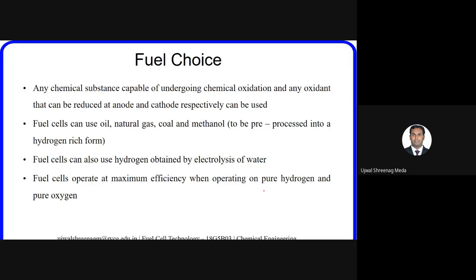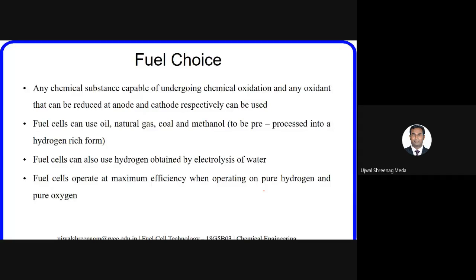But during the discussion, we also came across that any other fuel can be used. It can be natural gas or hydrocarbons. However, these fuels should be processed in order to get hydrogen. Ultimately, it is the hydrogen that makes this fuel cell run.